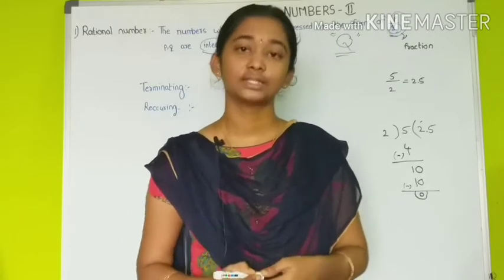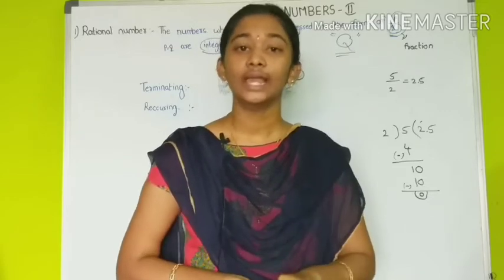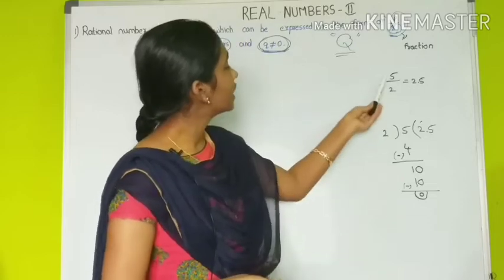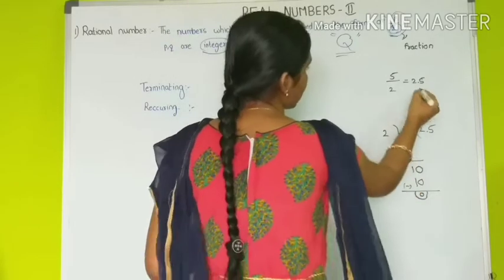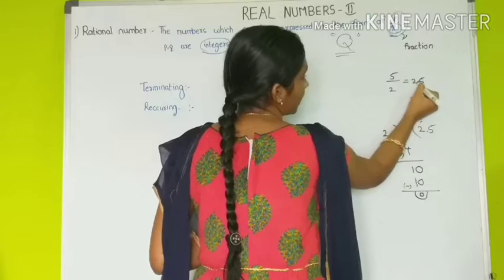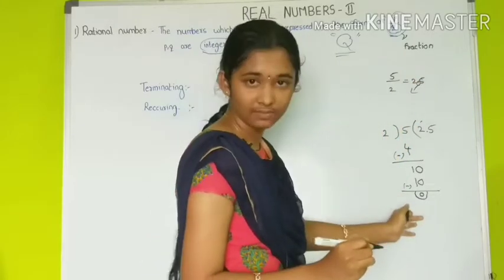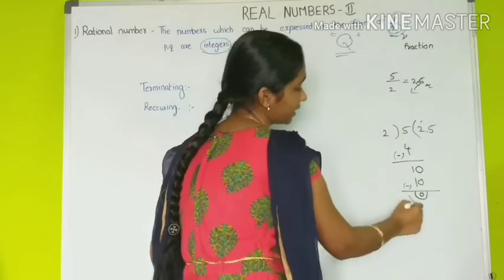What is terminating? Terminating decimals are those where the numbers after the decimal point end. For example, we just found the value of 5 by 2. Here, this is the decimal point, and the number after the decimal point ended. There is no continuation of division. It is just 5, and it ended with 5, as the remainder becomes 0.